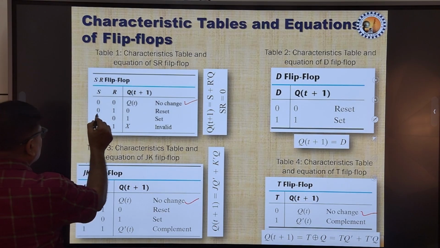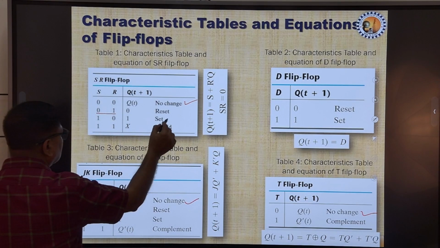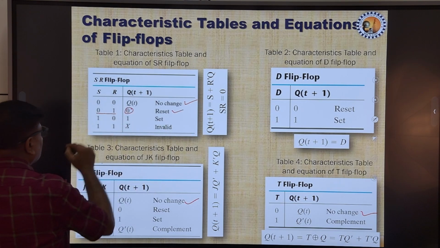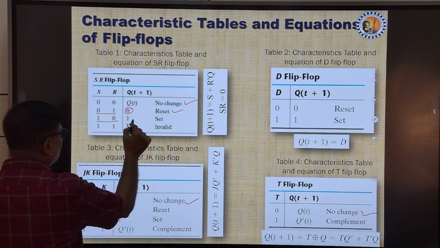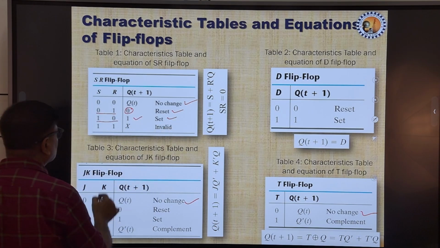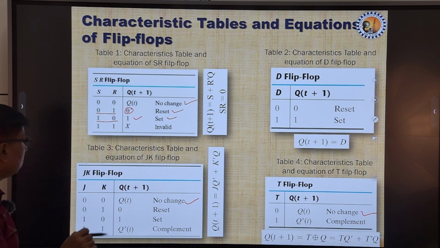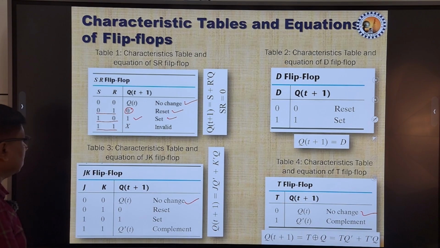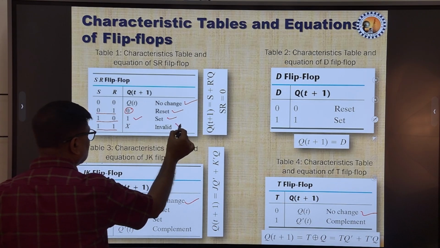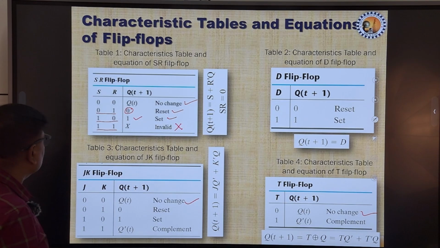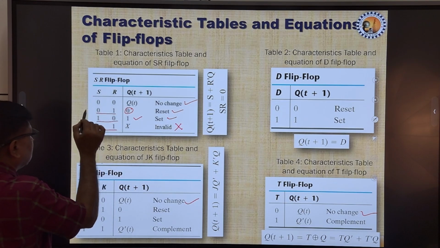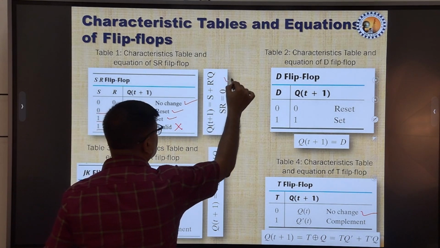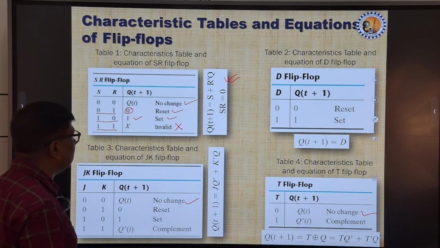Now, this is the reset condition 0 1, so the flip flop output will be reset, that is it will be 0. This is the set condition, the flip flop output will be 1, and as I have already told, in the case of the SR flip flop the 1 1 condition is the forbidden or invalid condition, so it is not used. Now, this is called the characteristic table of the SR flip flop, and this is the equation which is called the characteristic equation.